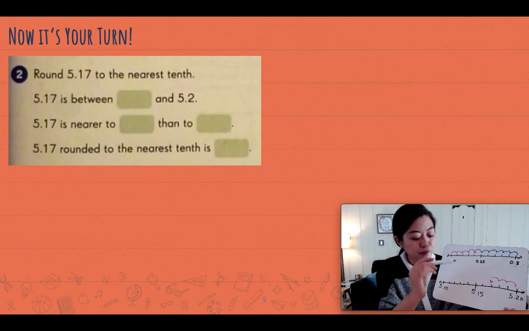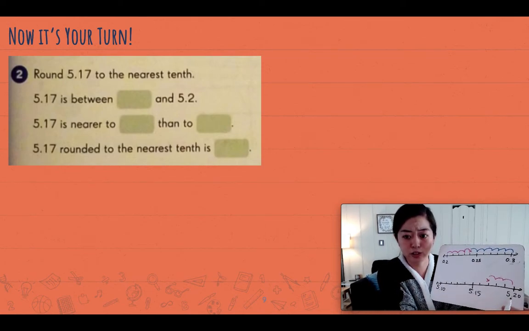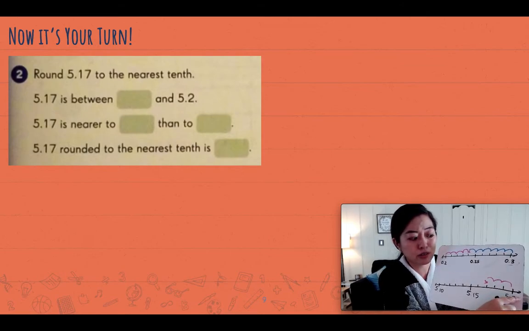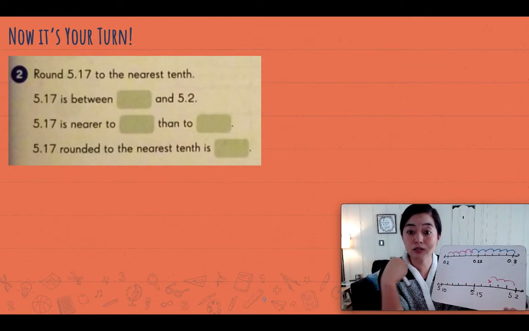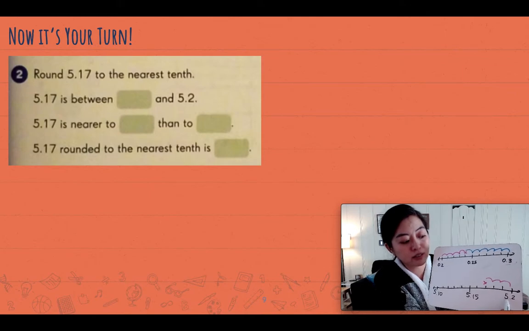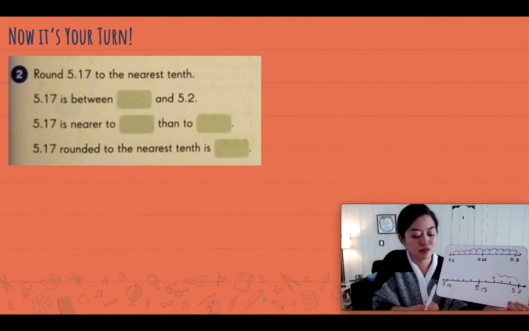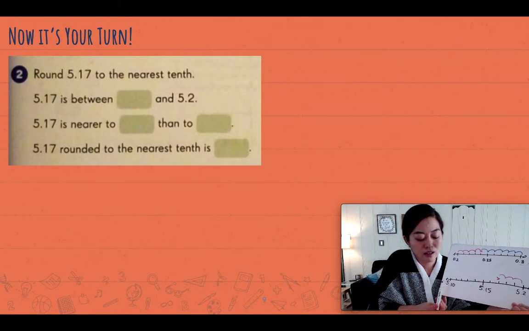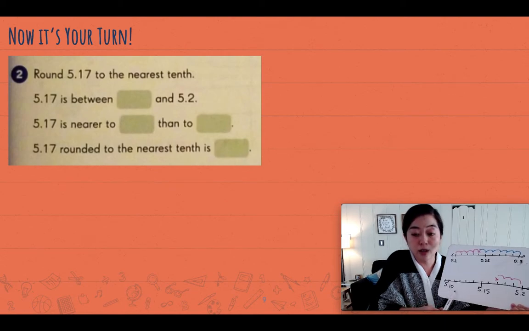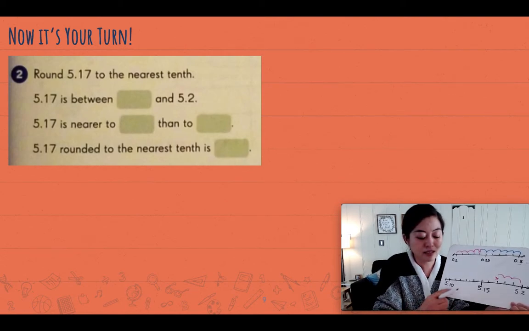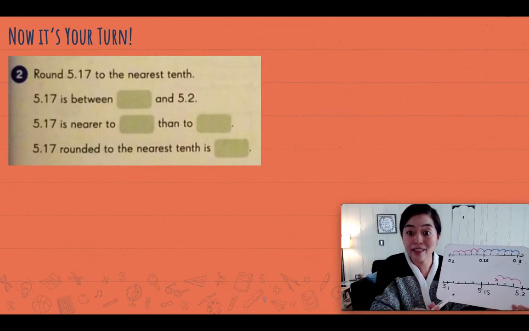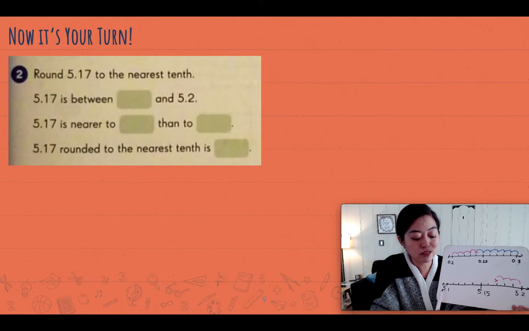Now remember, 5 and 20 hundredths, we want to write it as a tenth. And all you need to do is erase that trailing 0. So now this is 5 and 2 tenths. Here, 5 and 10 hundredths. How do we write it as tenths? We want to erase that trailing 0. So now this is 5 and 1 tenth.